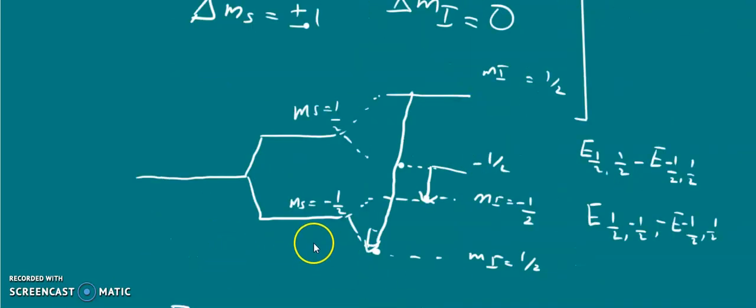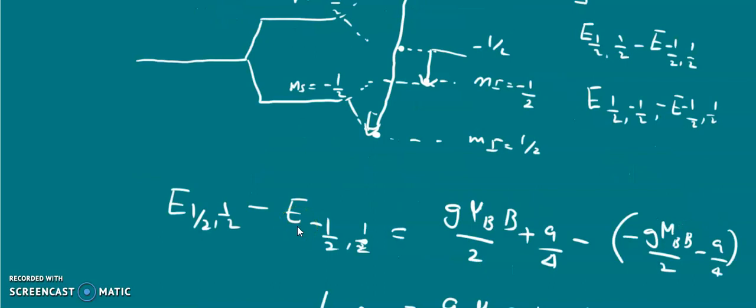So now we can find the energy of the second line. So that is equal to the energy difference between the starting level and ending level. So this line starts from this level and ends here. So the energy difference between those two gives the energy of the spectral line.